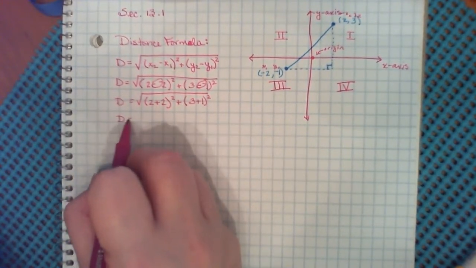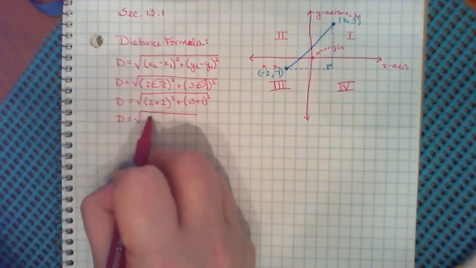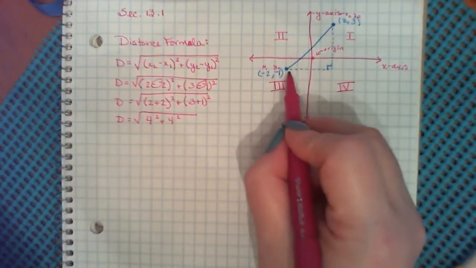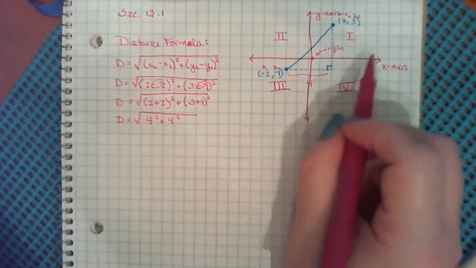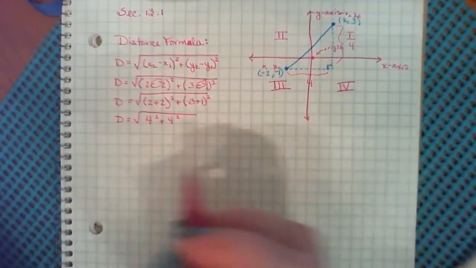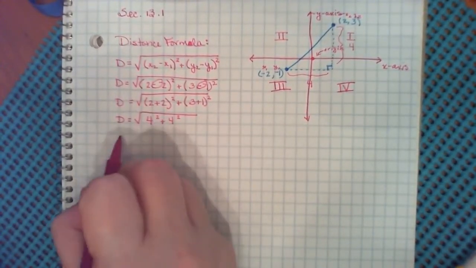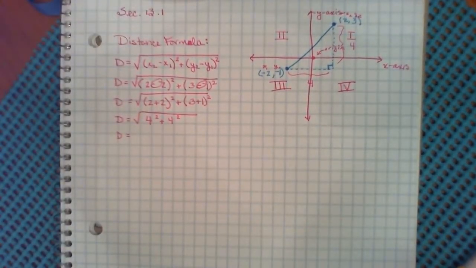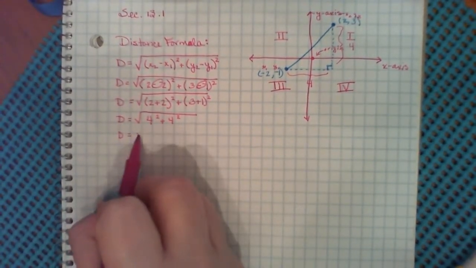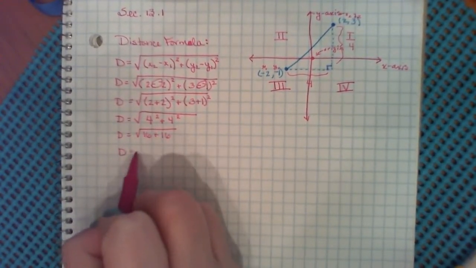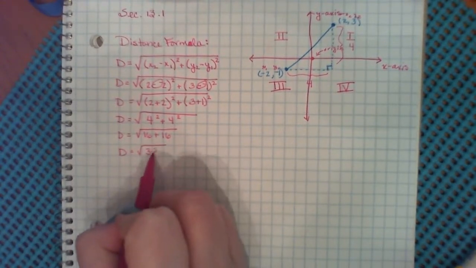So now I've got d is equal to the square root of 4 squared plus 4 squared. Because if you'll look over here, you've got 4, and up here you've got 4. So we really were accurate. So now when I say 4 squared, that really becomes 16 plus 16, which gives me the square root of 32.